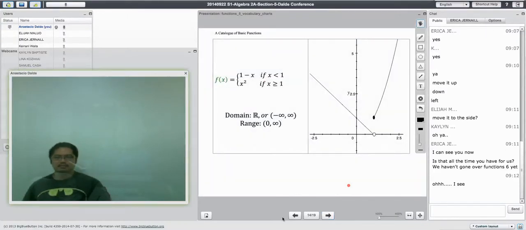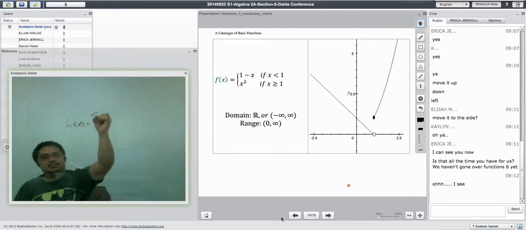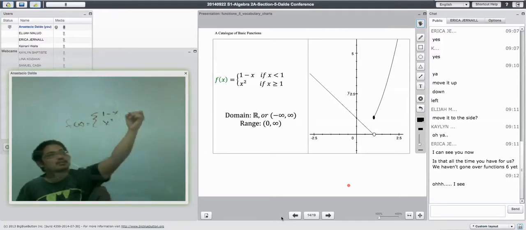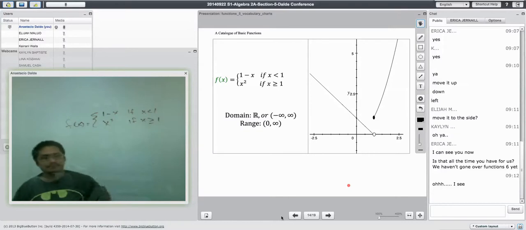All right, here we go. This is a good piecewise function. Here's what a piecewise function is. F of x equals 1 minus x, x squared. And then they have the if x is less than 1, if x is greater than or equal to 1.